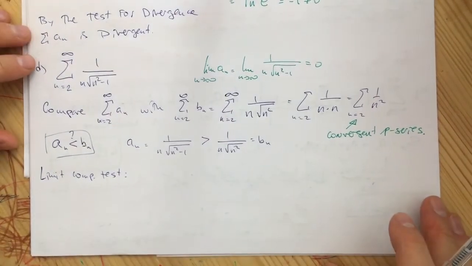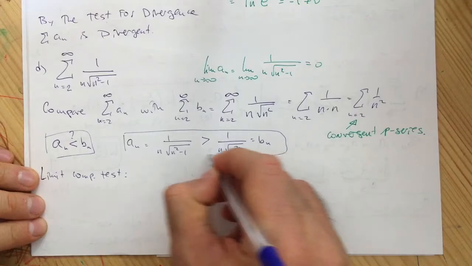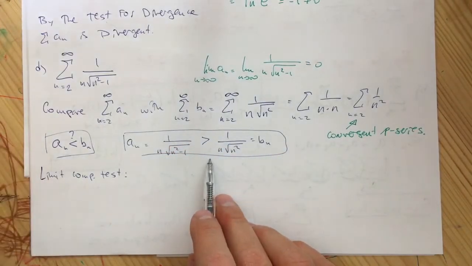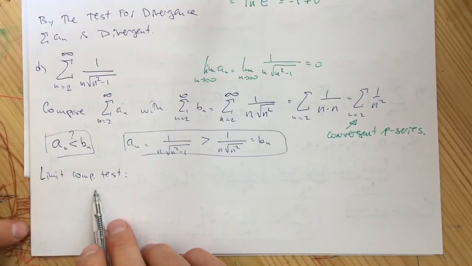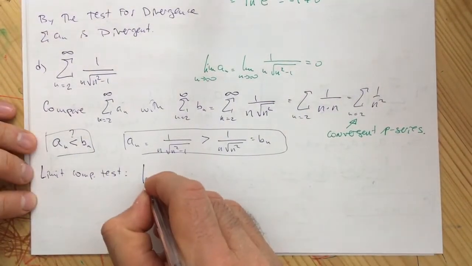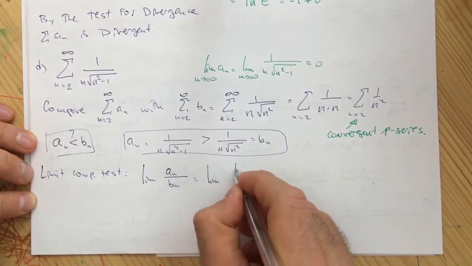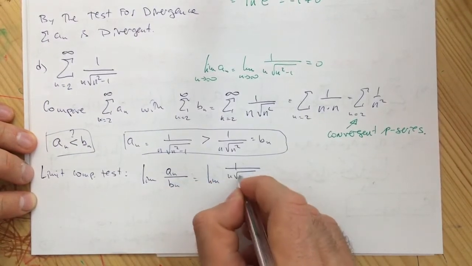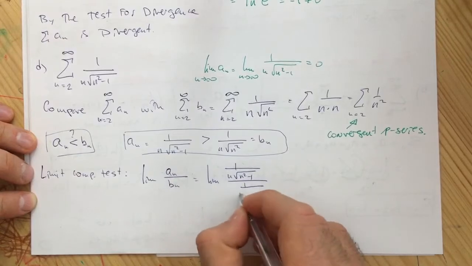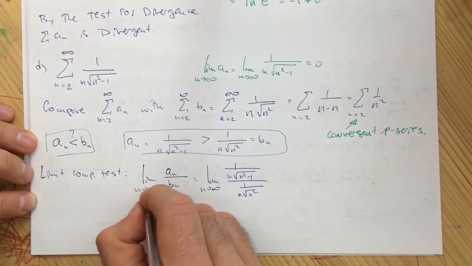Of course, here you don't have to go first through the comparison test, and then if it doesn't work, go through the limit comparison test. If you want to start with the limit comparison test, just start with that one. The limit comparison test says find the limit of the ratio an over bn. And I will let you solve this by yourself.